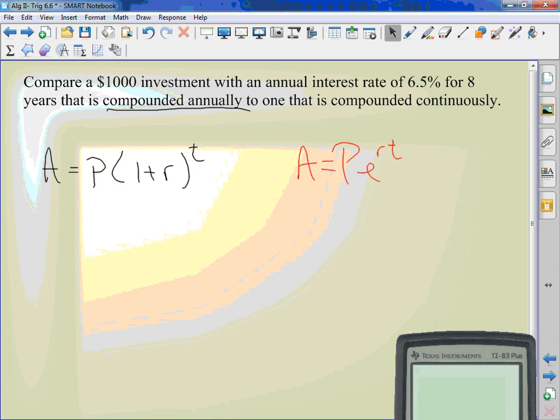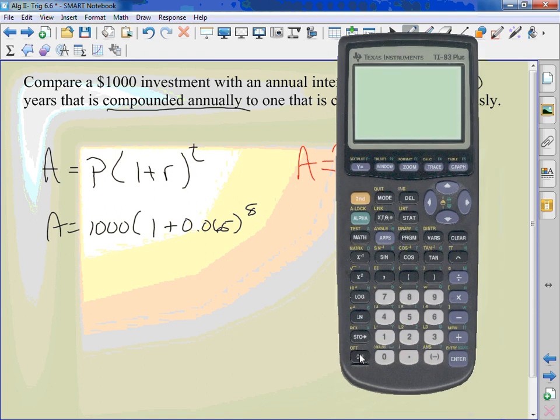For the first one, A equals, how much money? 1,000 times 1 plus, what's my rate? 0.065. What's my time? My time is 8 years. 1,000 times 1.065 to the 8th.